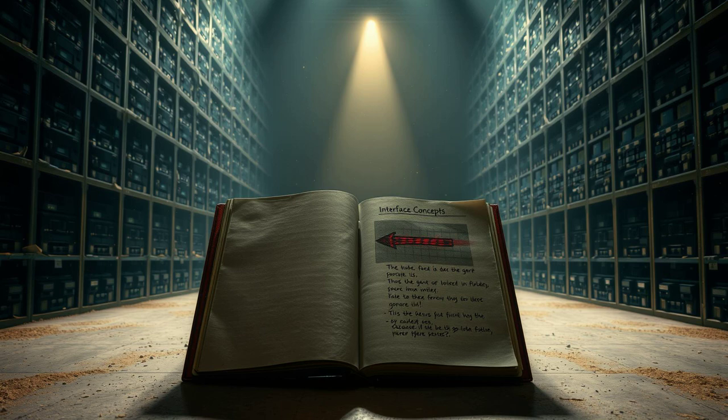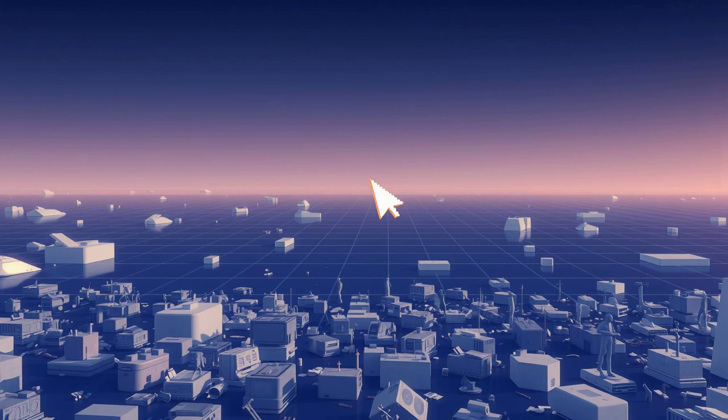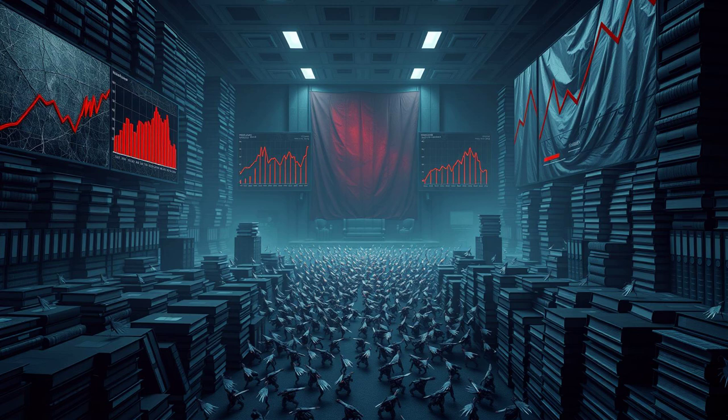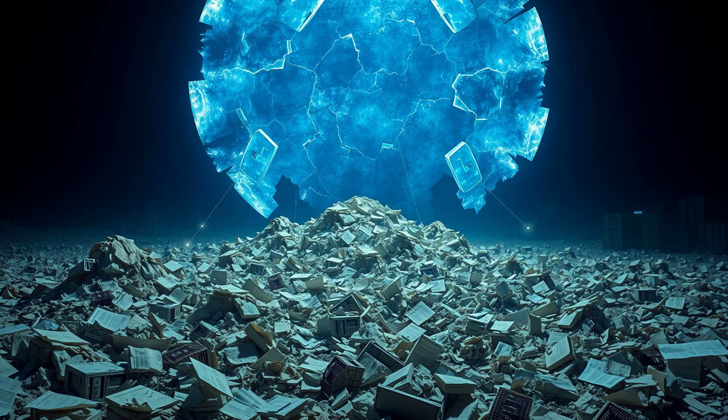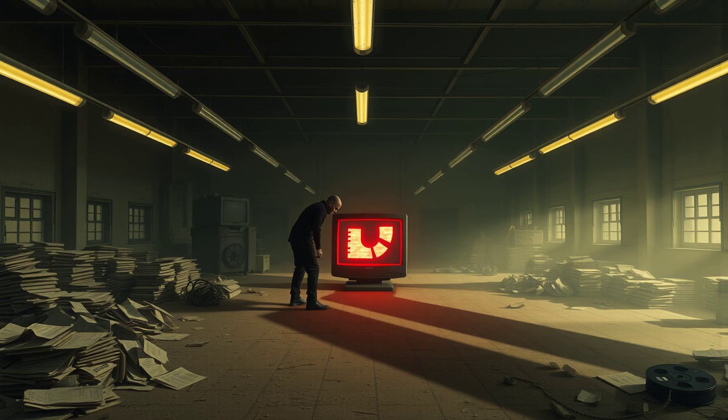Legend has it one early icon set was discarded entirely because senior management disliked the specific shade of virtual beige. Countless versions were trashed, a quirky testament to the struggle for a visual identity. Frustration is palpable, leading to significant creative burnout among the design teams.